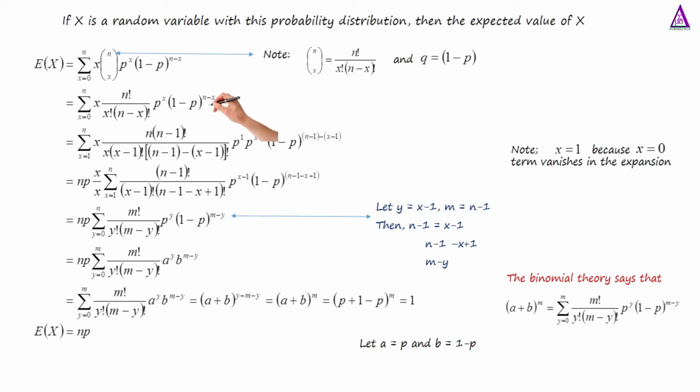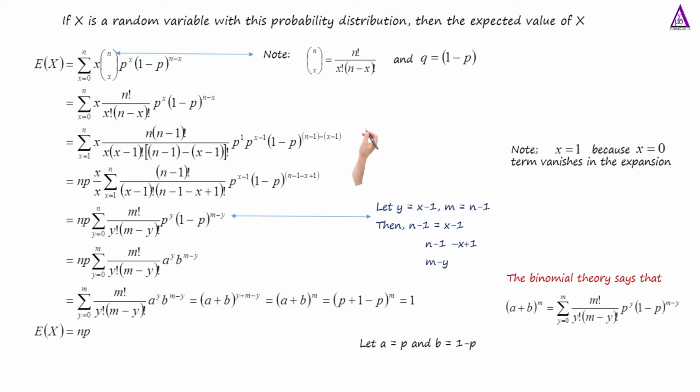The second equation shows the expansion of the combination, which is n factorial divided by x factorial into the bracket n minus x factorial, multiplied by p raised to power x into the bracket 1 minus p raised to power n minus x.